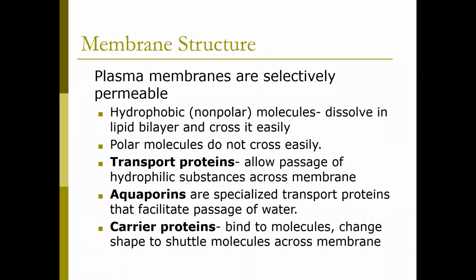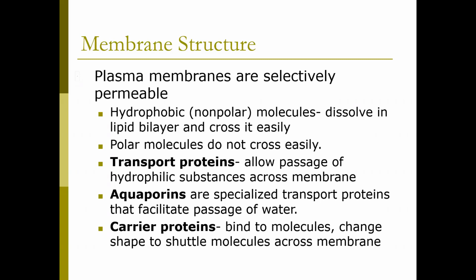Let's see. So the plasma membranes are selectively permeable. So we already know that only certain things can enter the cell and leave the cell. And the way that that happens is that it depends on the substance. Okay, so hydrophobic or non-polar molecules, they can dissolve in the lipid bilayer, and so they end up crossing the membrane pretty easily.